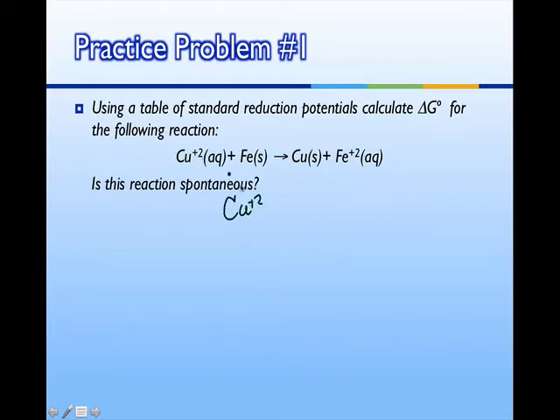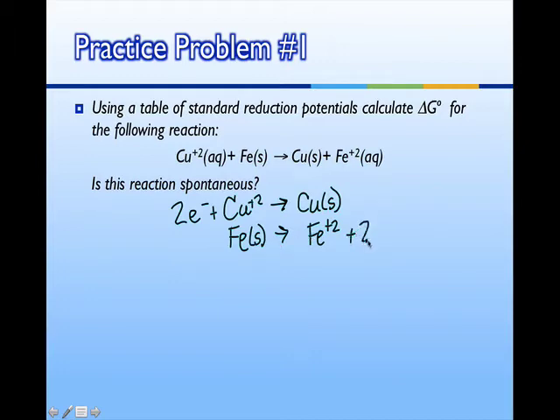So I have aqueous copper ions, and they're going to form solid copper. And then I have solid iron, and it's forming the iron 2 ions. So with this, I have to add 2 electrons to balance out the charges here. And on this one, I'm going to have to add the 2 electrons down here. So since I have 2 electrons on both sides, those are going to cancel each other out.